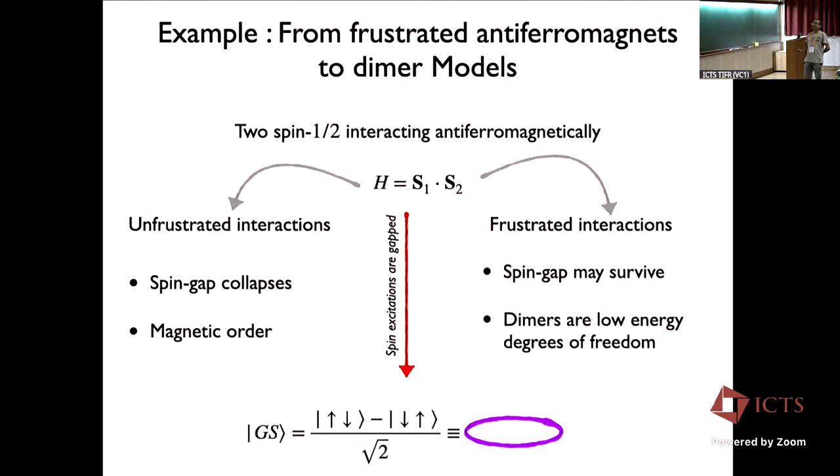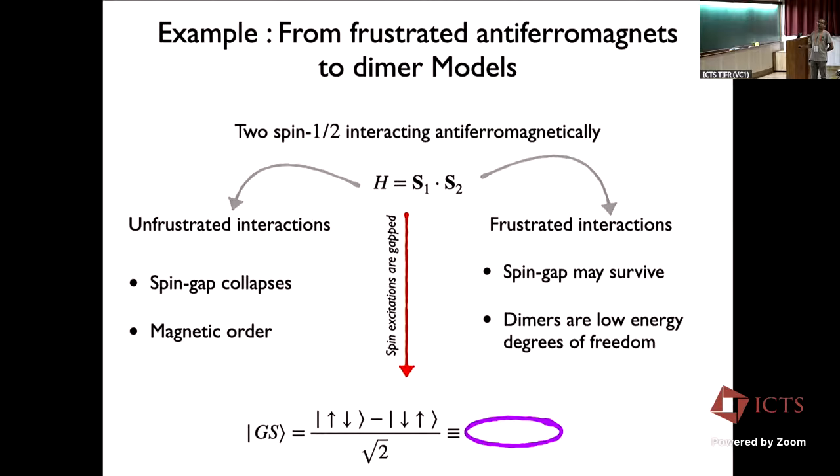And one of the places that has, over the last 30 or 40 years or maybe more, served a lot of information are these dimer models, originally thought of in the context of frustrated antiferromagnets, in the sense that when we take two spin halves interacting antiferromagnetically, the ground state is a dimer or a singlet.